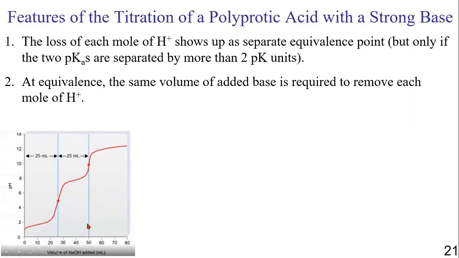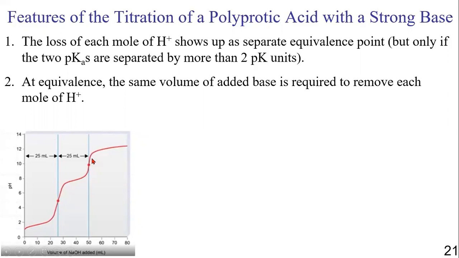One other feature that also comes up is that each mole of H+ shows as separate equivalence points. Now, in diprotics, you usually do see sharp enough curves or lines here at the equivalence to distinguish them. In triprotics, it's not always distinguishable in the third region, because Ka3 at least is usually very small.